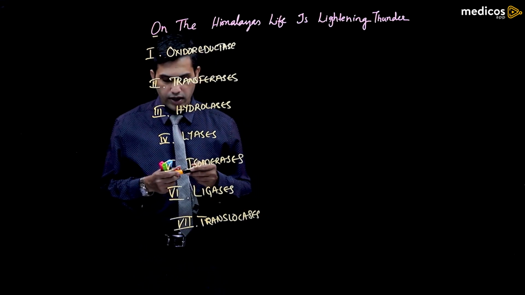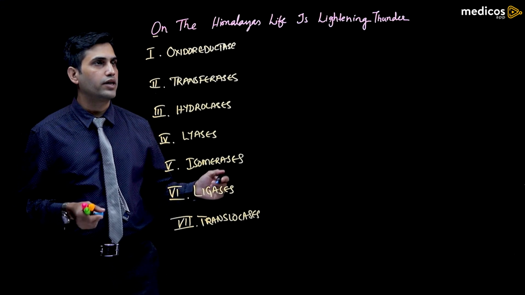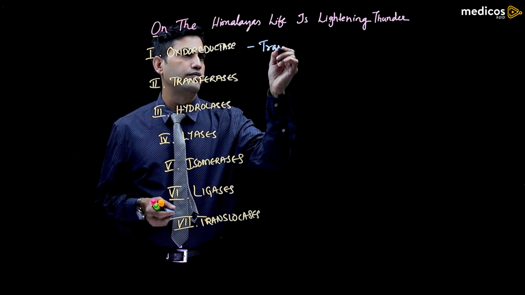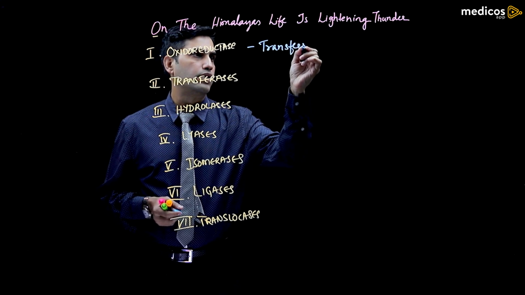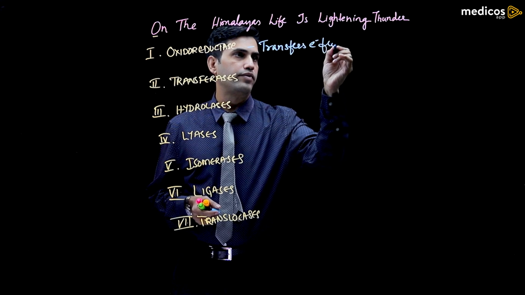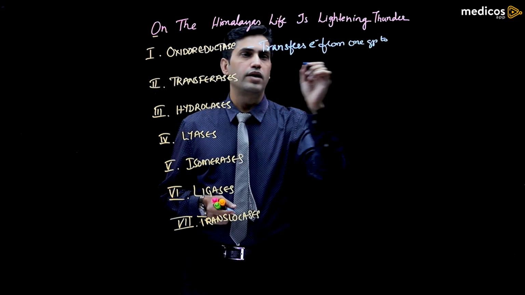Now let us look at what they do. Oxidoreductases transfer electrons from one group to another. So one group to another.